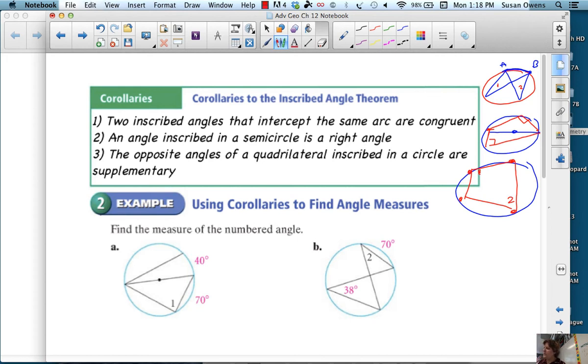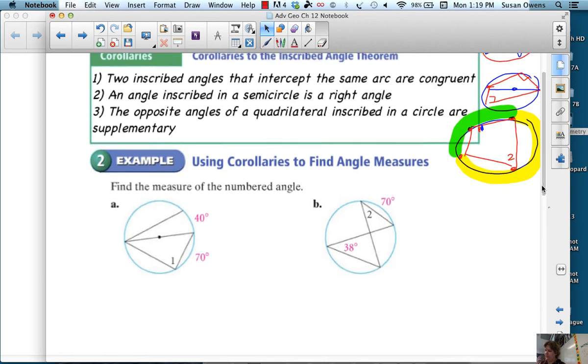And the reason for this one is because if you take a look at inscribed angle number 1, well, he inscribes from here all the way around here, and if I take a look at the other one, angle 2, he inscribes the rest of it. He inscribes from here to here. So if I put those together, I get 360 degrees all the way around the circle. So if I take half of that, I get 180. So if I add 1 and 2 together, I must get 180.